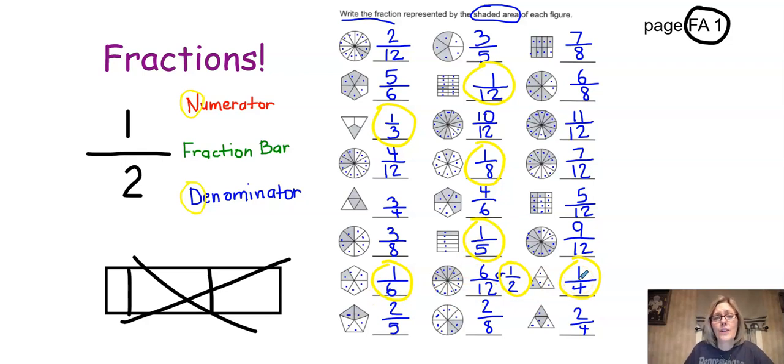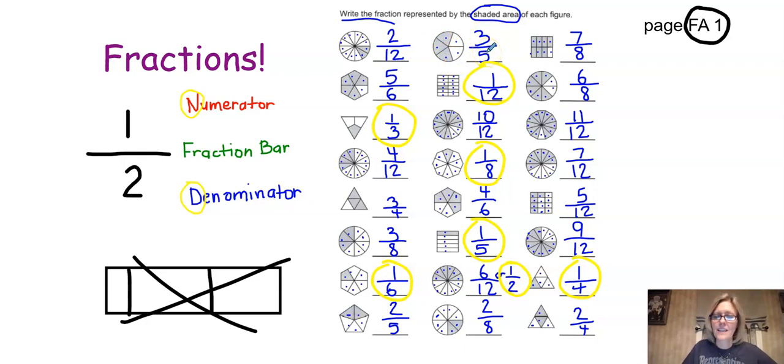If you ever see a fraction that has a 1 on the top of it, it's called a unit fraction. And unit fractions are put together to make the big fractions. So, for instance, it took 1/12 plus 1/12 here to make 2/12. Or it took 1/5 plus 1/5 plus 1/5 to make 3/5.